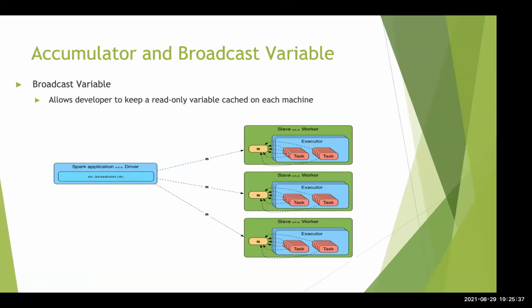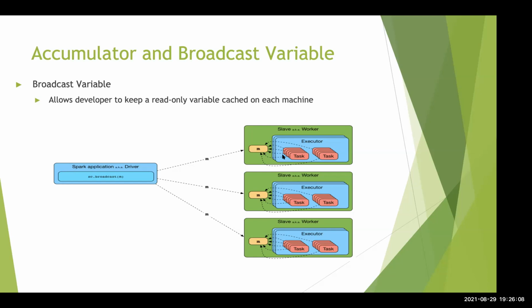The way it works is, in your Spark application, which is the driver program, you have some data, some map or something, and you're broadcasting it. Once you broadcast, it goes into the memory of each of the worker nodes. On each worker node an executor is running, which might have more than one task running, and each task needs this data. If they need this data, it is always available to them in memory.